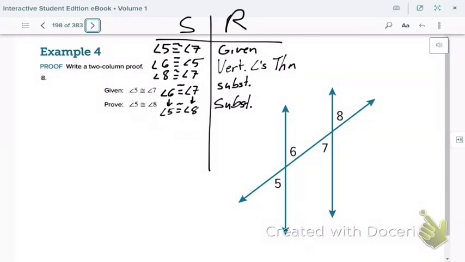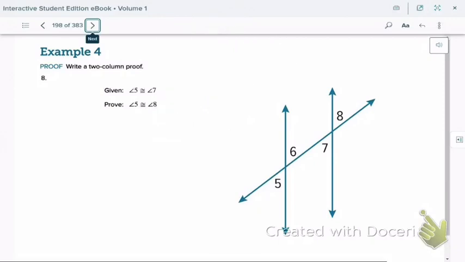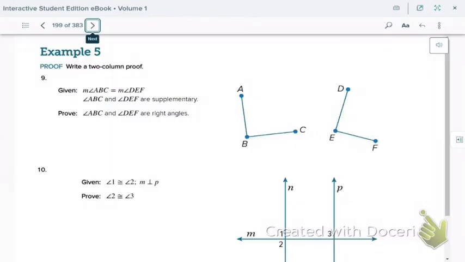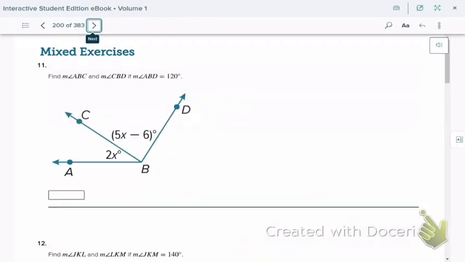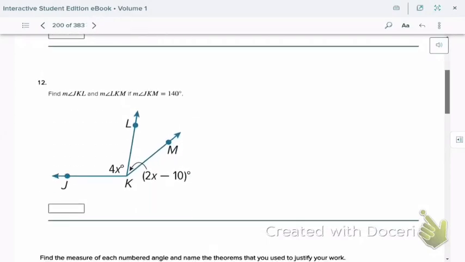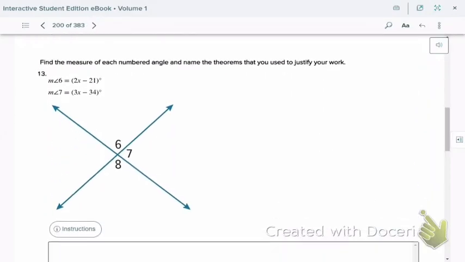Okay, let's look at 13 real fast. You should only make us do like 13 through 16. Okay, on 13, what do we know about angle 6 and angle 7?